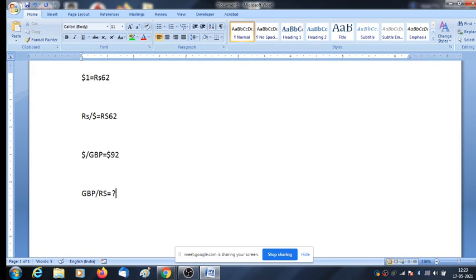Have you understood? Am I clear to you or not? See, rupees is given in terms of dollar. Dollar is given in terms of rupees. Pound is given in terms of dollar. Please try to understand. It is not at all easy. Pound is given in terms of dollar, and dollar is given in terms of rupees.